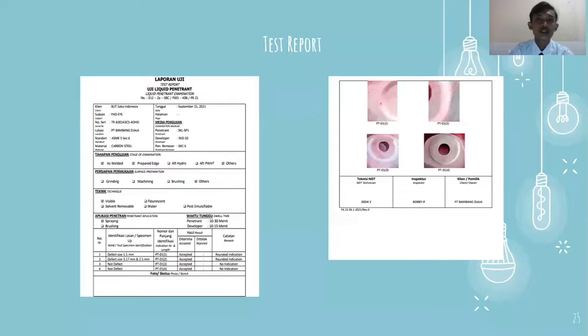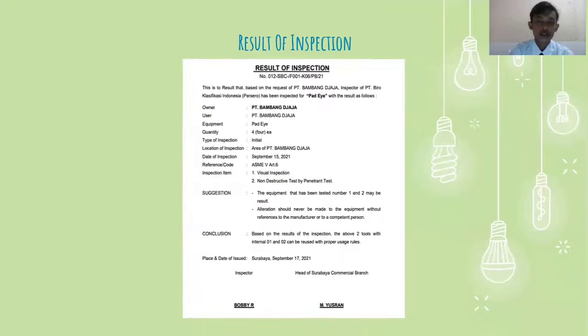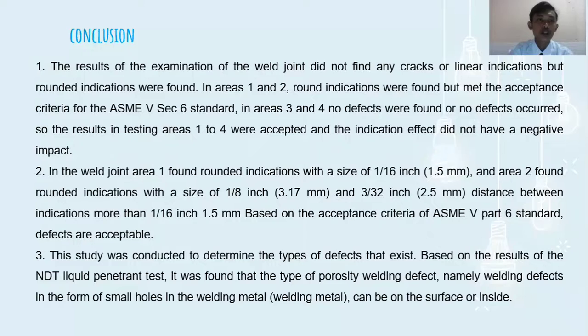The next, test report, liquid penetrant. This is the result of inspection. Conclusion. Number 1. The result of the examination of the weld joint did not find any crack or linear indication, but rounded indications were found in area 1 and 2.